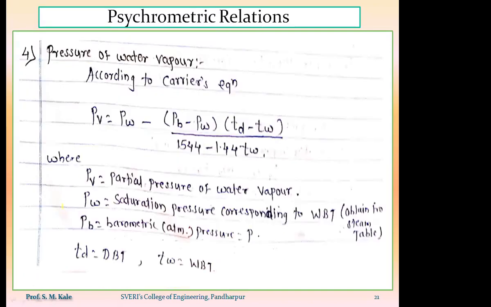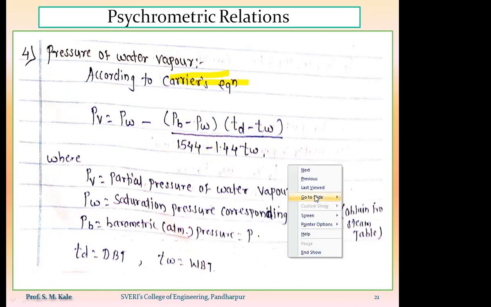Then the fourth formula we have seen is related to PV. As I have told you, we can find out the value of PV in two ways. The first way is by using the steam table. The second way is by using Carrier's equation. By using Carrier's equation, we can find out the value of PV as PW minus, inside the bracket, PB minus PW, inside another bracket TD minus TW, divided by 1544 minus 1.44 TW.